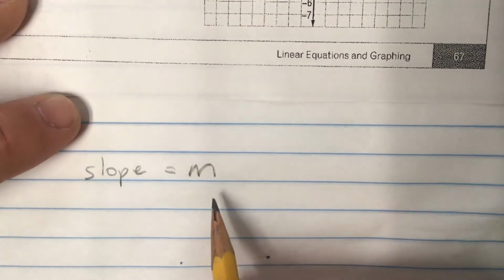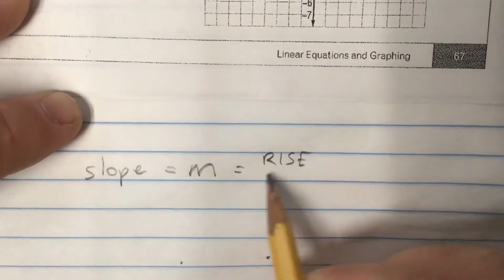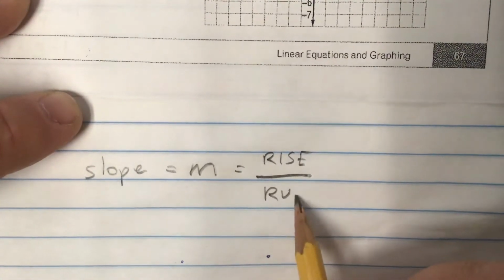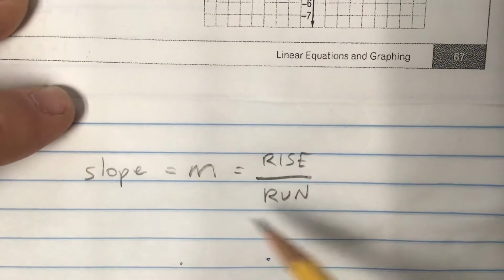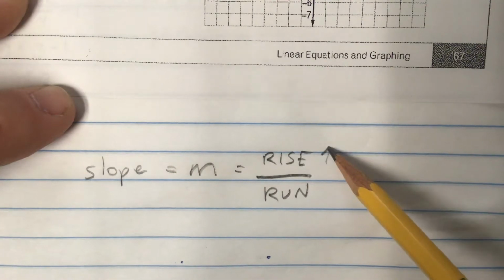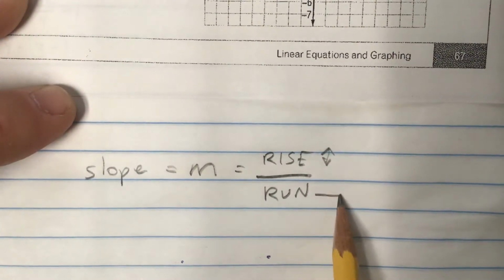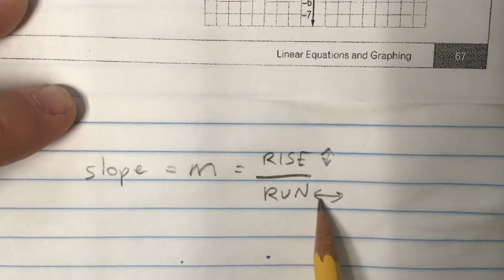What slope is, is the rise over the run. How much does the line go up and down is the rise. And this is a way you can remember it. Rise goes up and down, and the run goes left and right.